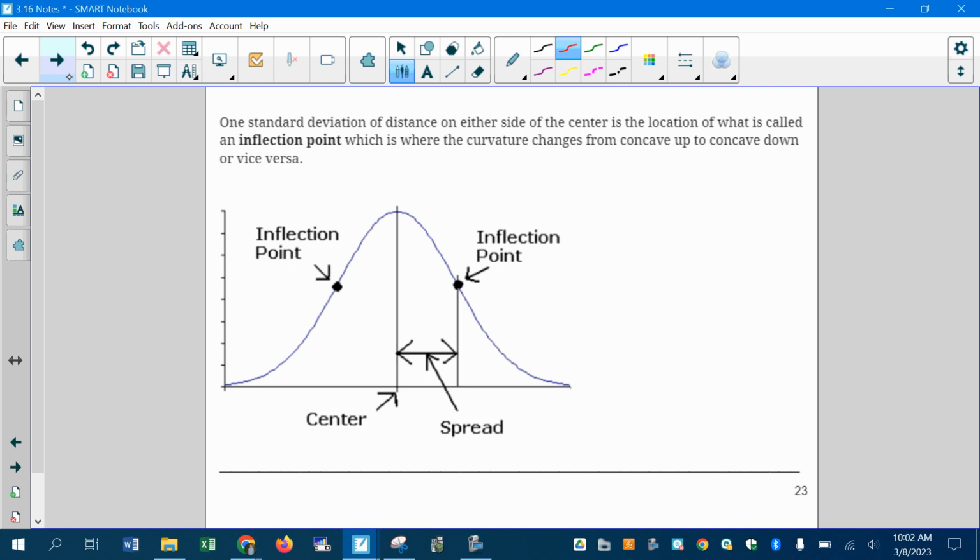One other thing I wanted to show you. If you want to figure out the standard deviation, how spread out the data is, you can look at the bell curve and find a point called an inflection point.